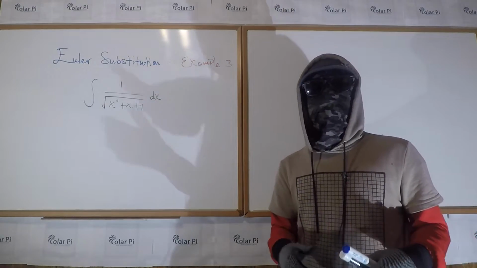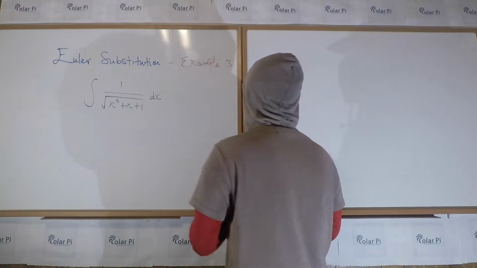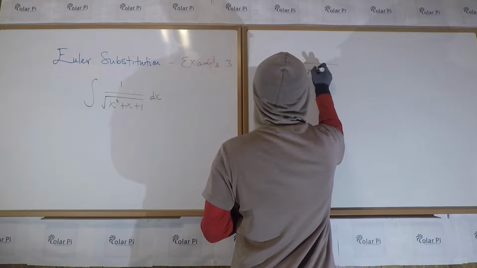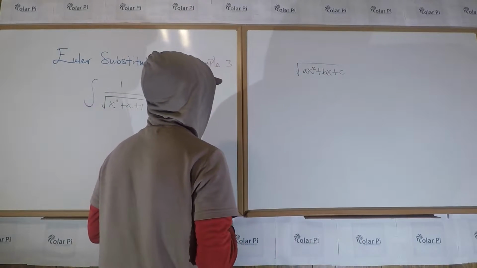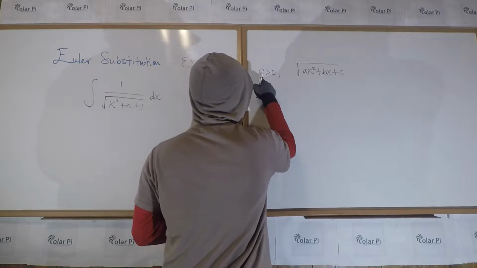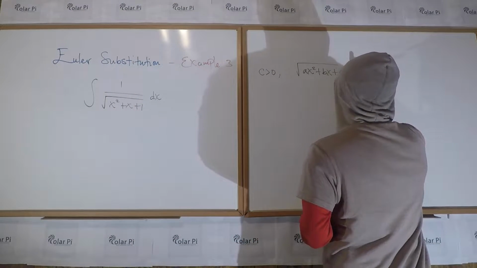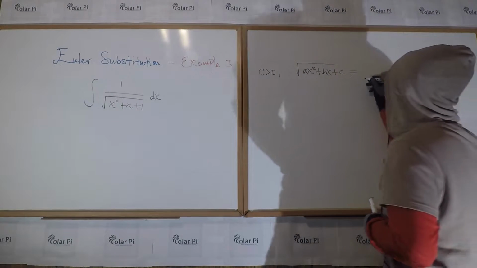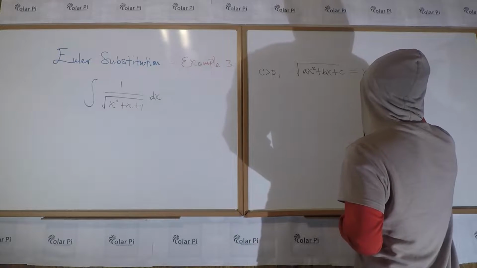Okay, cool. So what we said in example 0 is for the third Euler substitution, when we encounter the square root of ax squared plus bx plus c, where a and b are not equal to 0 and c is greater than 0, c being greater than 0 is what triggers the third Euler substitution, then we let this guy equal x times t plus root c.